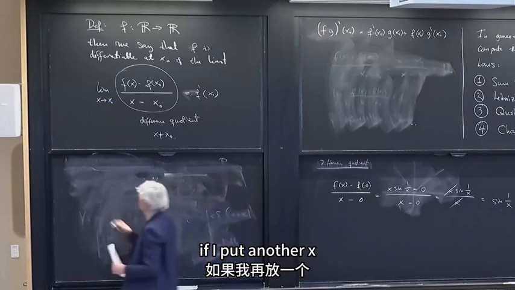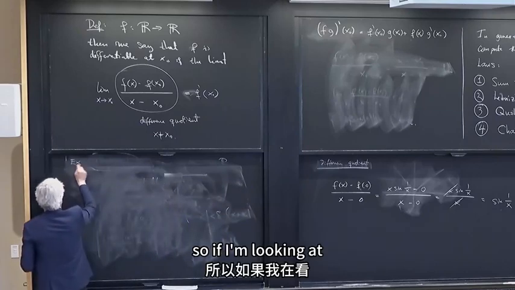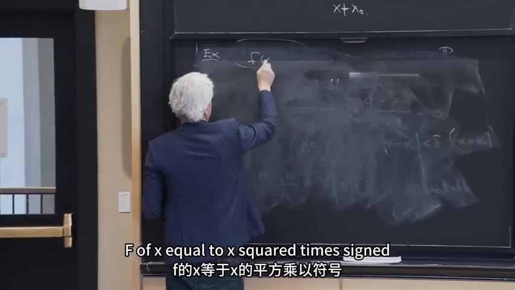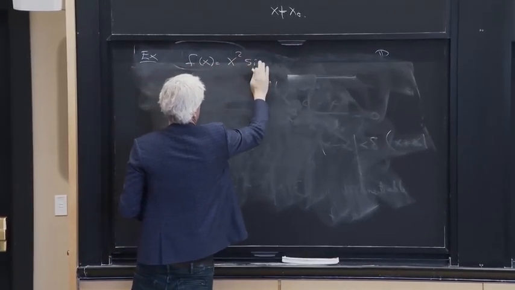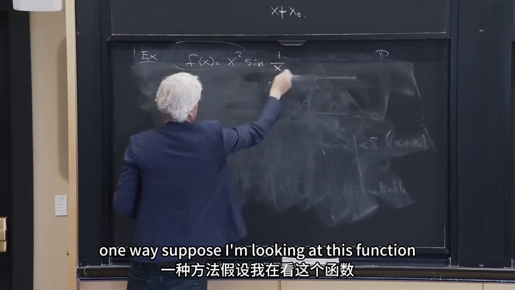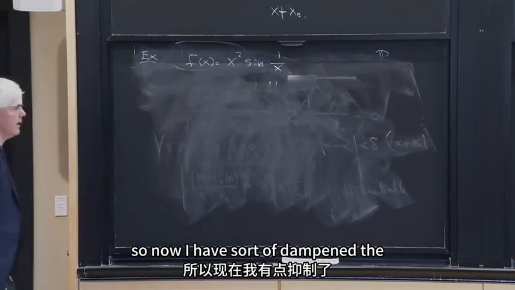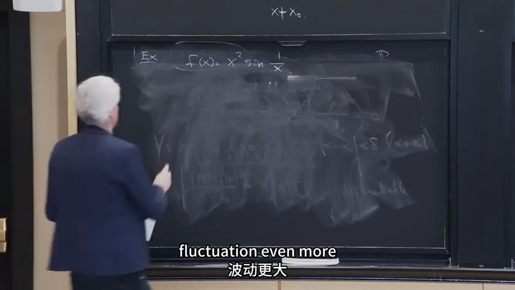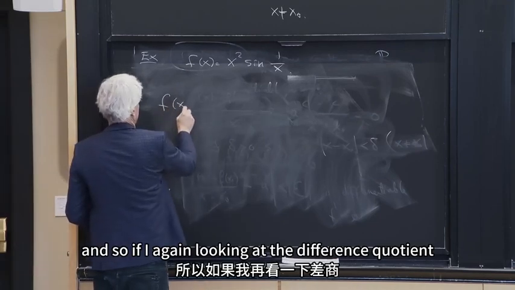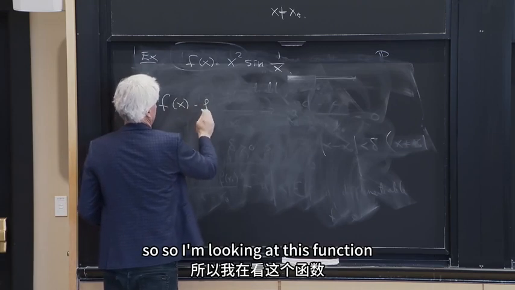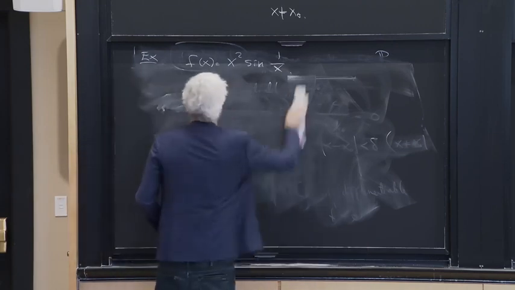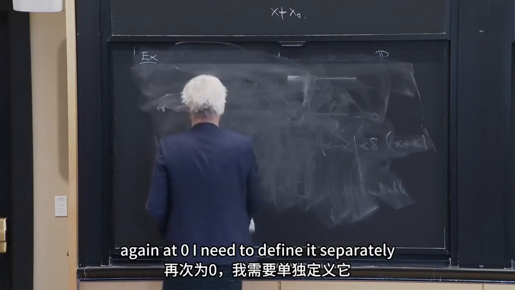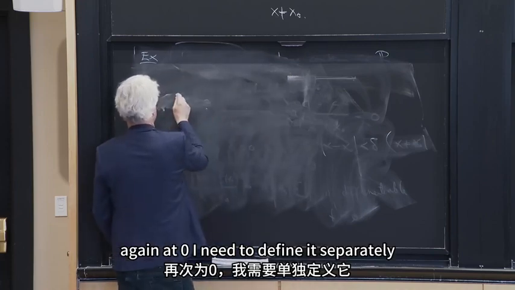If I put another x, so if I'm looking at f of x equal to x squared times sine 1 over x, now I have dampened the fluctuation even more. Again, at 0, I need to define it separately.